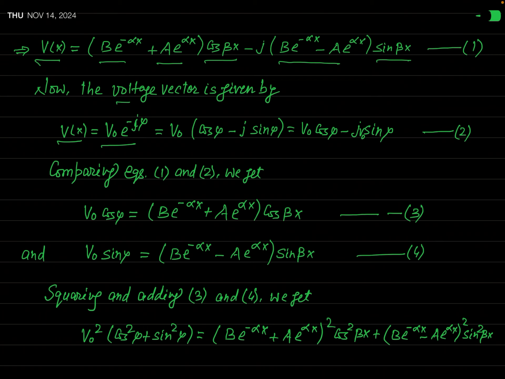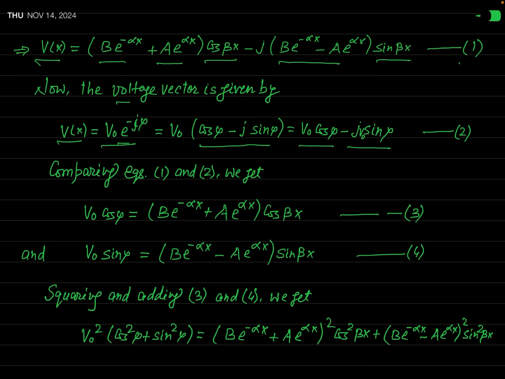Here phi represents the phase. This is a common thing if you have studied the concept of alternating current. Now again, instead of e to the power minus j phi, you may write cos phi minus j sin phi. So v of x is given as V naught cos phi minus j times V naught sin phi.